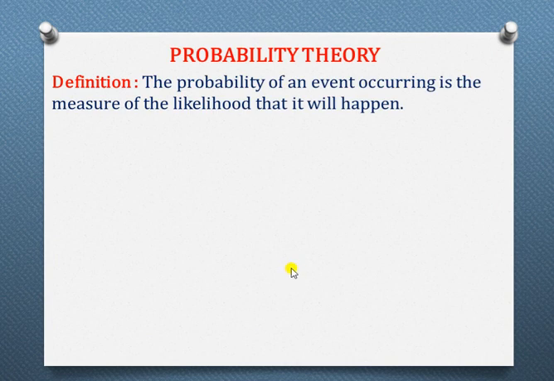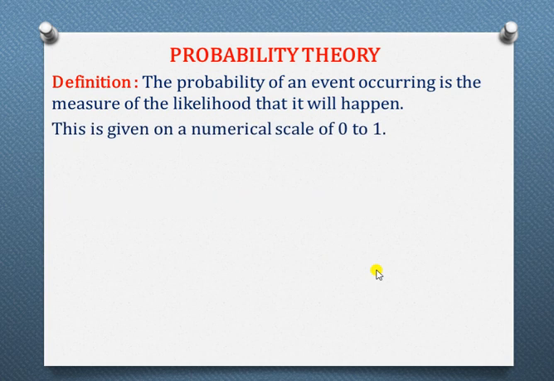So let's look at probability theory. Definition. The probability of an event occurring is the measure of the likelihood that it will happen. That is how we can simply define probability. We can add something to that.